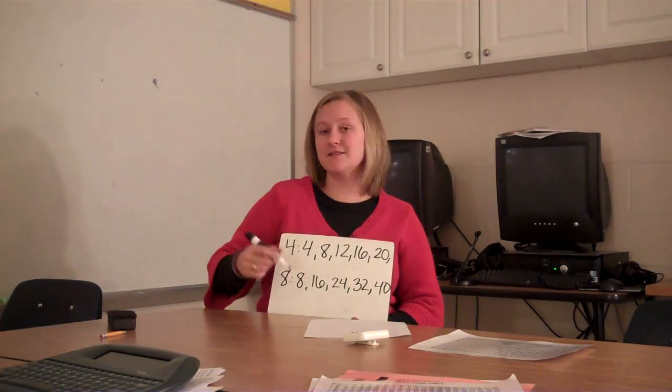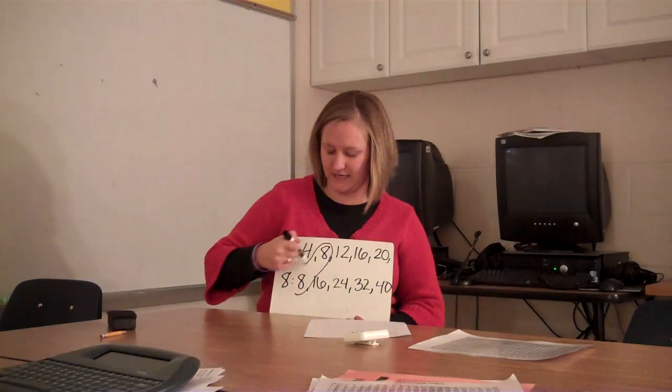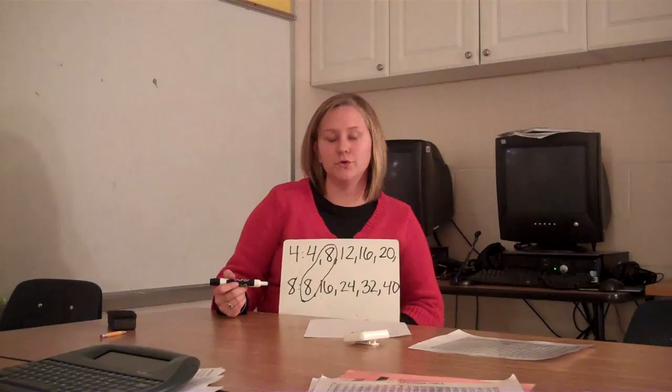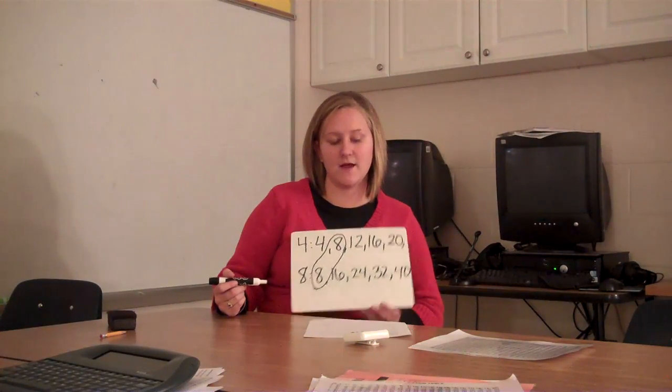Okay? And the least common multiple for this one is 8. That's the smallest number that they both have in common. I want you to go ahead and do 6 and 9 together, or by yourself.